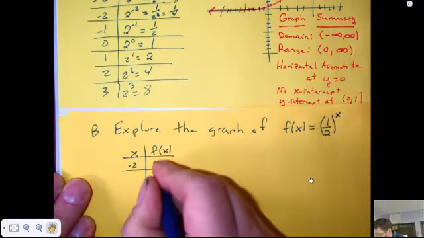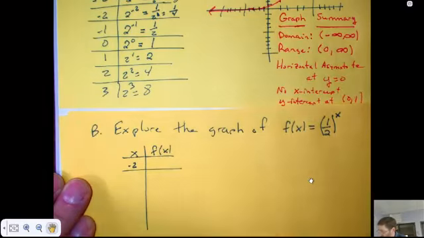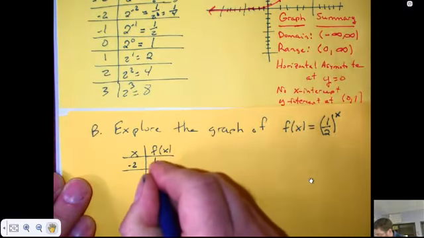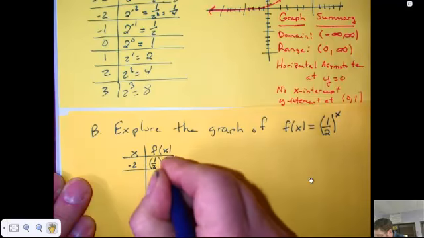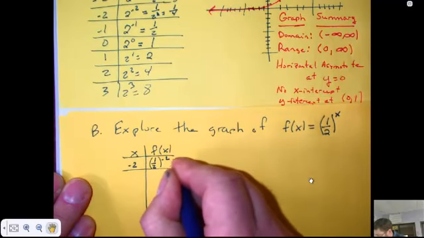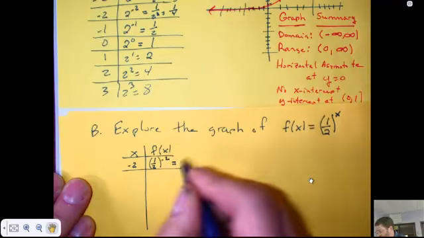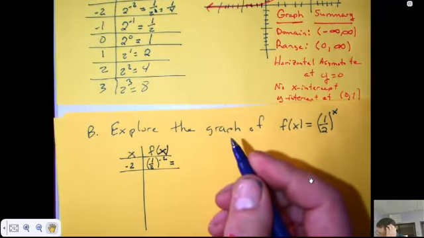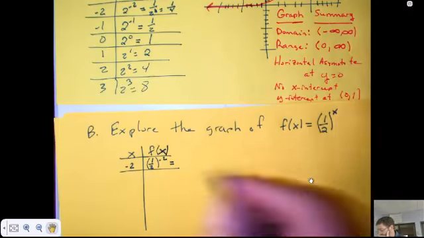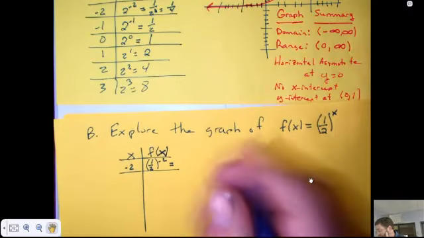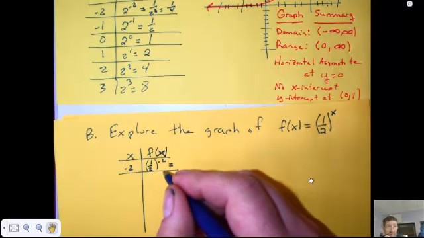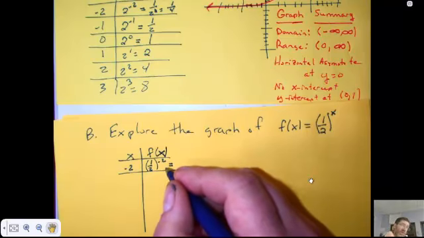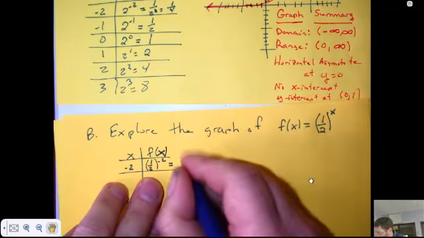So if I have a half to the negative 2 power, how do I do that? When I have a fraction to a power, I can take both the top and the bottom to that power.